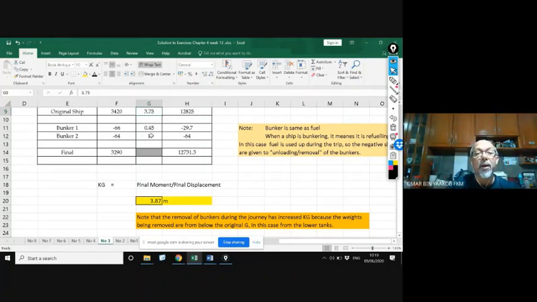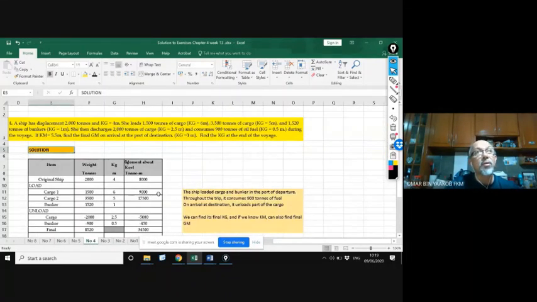And then you remove the bunkers below it. So when you remove something from below the original G, the G will move up. If you add at a location below the present G, G will move down. If you remove, G will move up. So remember that. Right, so that's number 3.